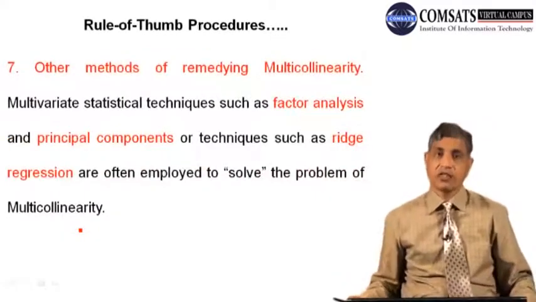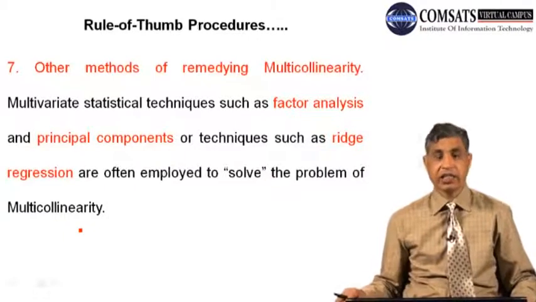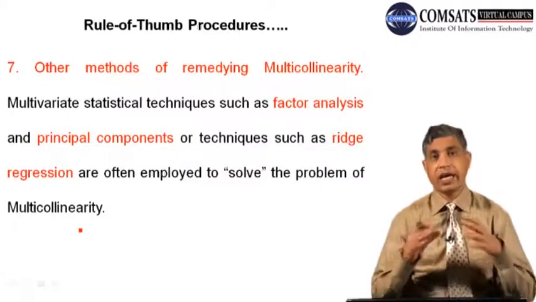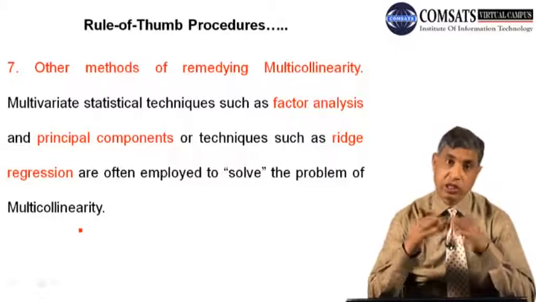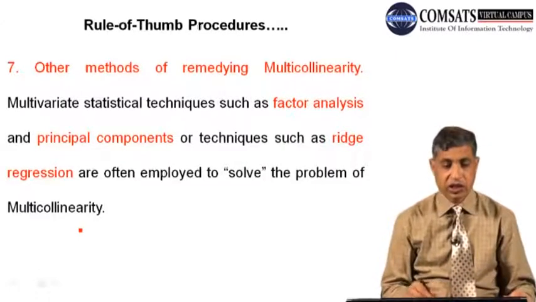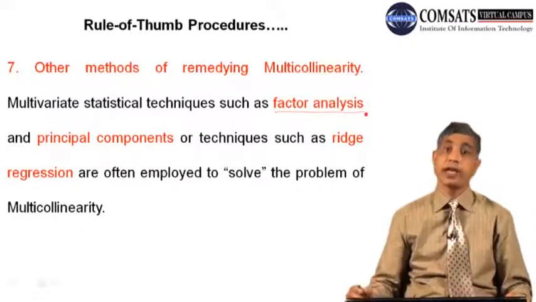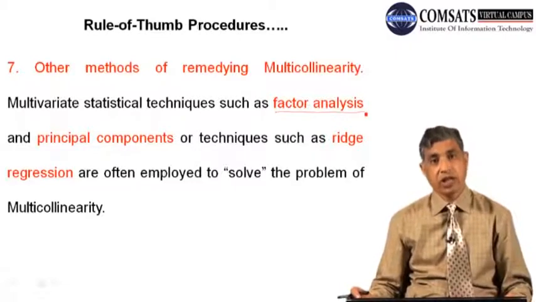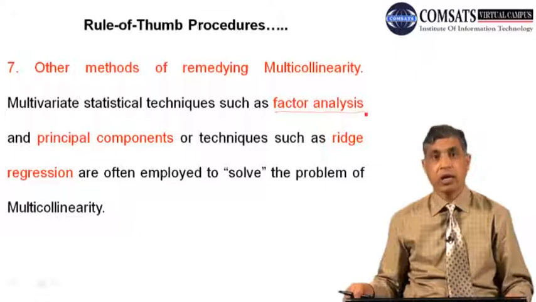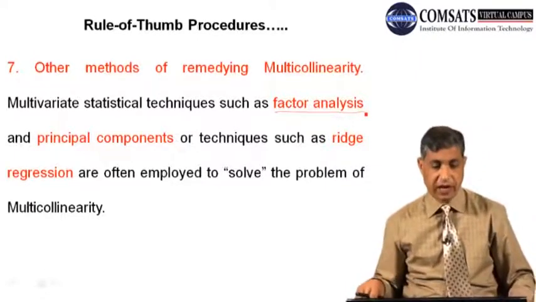The last rule of thumb that we are studying here: there are some other methods that can help us in reducing the multicollinearity. What are the other techniques? These are called factor analysis. I am not going to explain any one of these, because there are many techniques, and if we run after every technique, it is difficult for us to complete our course.